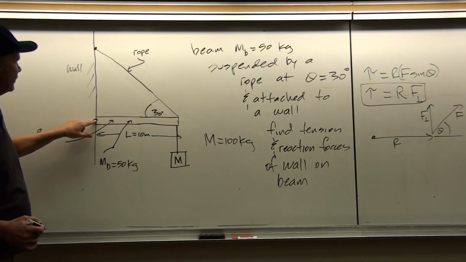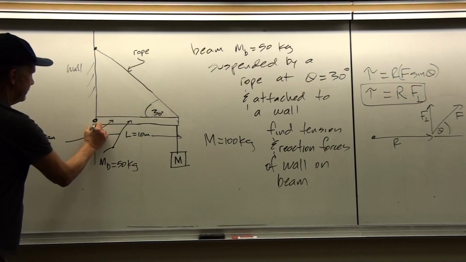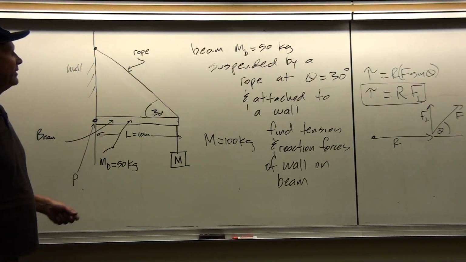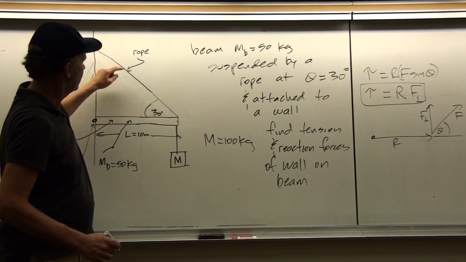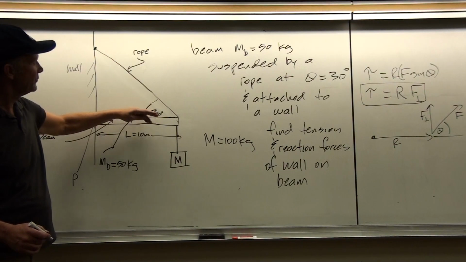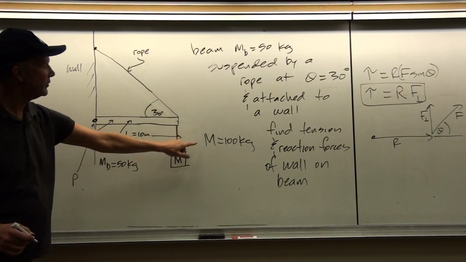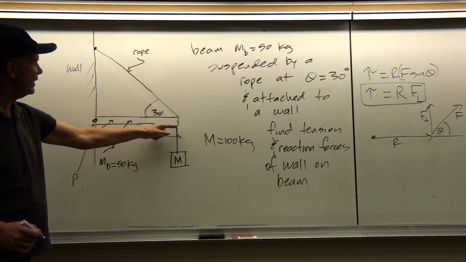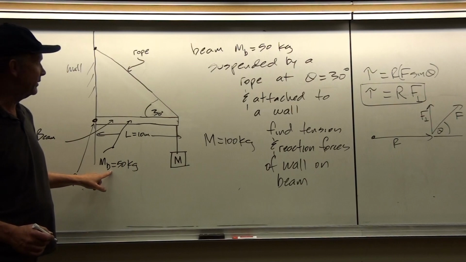And the beam is attached to the wall at this point here, point P. And so what we want to do then in this problem is to find the tension in the rope that will support this beam if a mass, M, that's equal to 100 kilograms is hanging from the edge of the beam, and the beam itself has a mass of 50 kilograms.